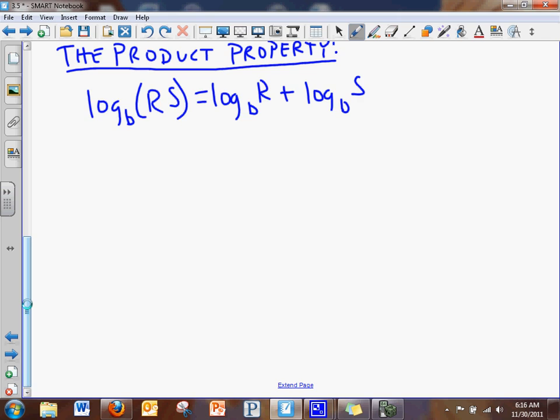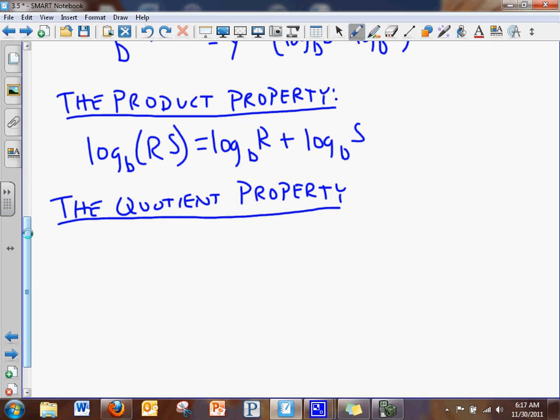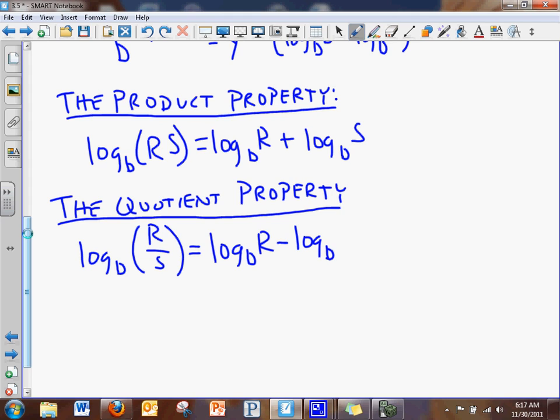The quotient property is the same thing, just with minus. Log base b of r over s is log base b of r minus log base b of s. This is true for any log.